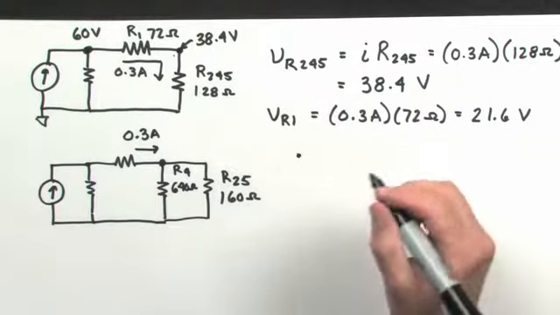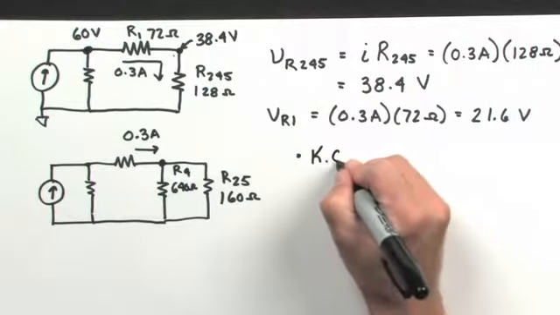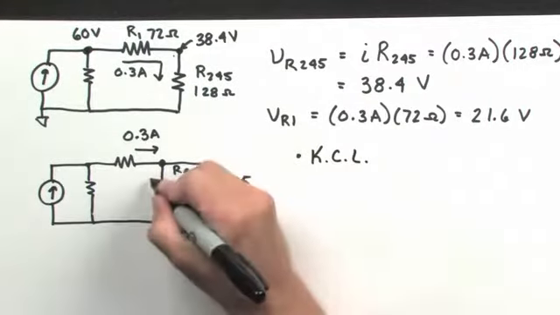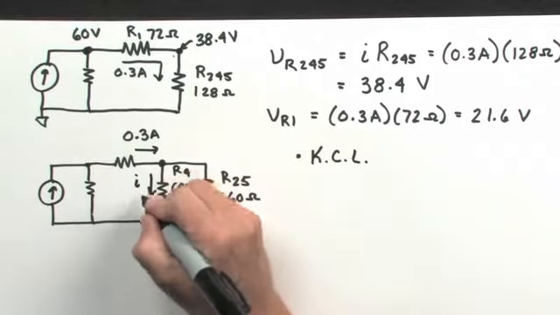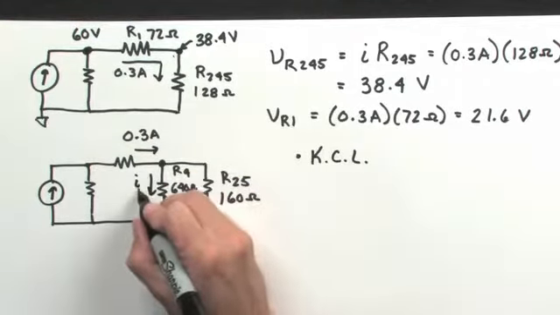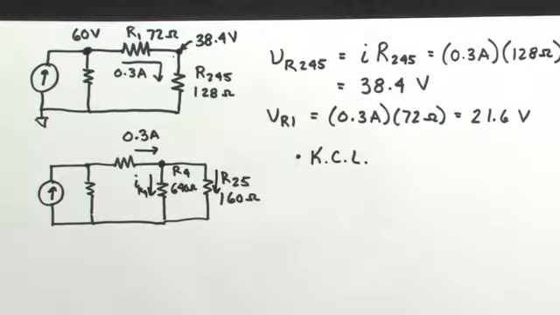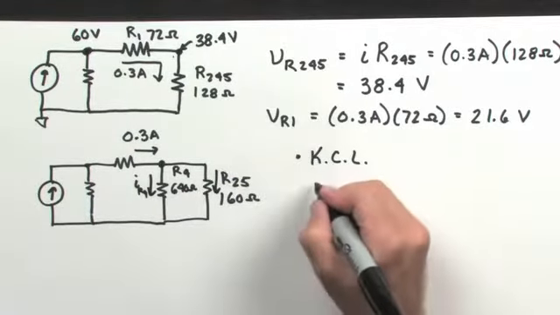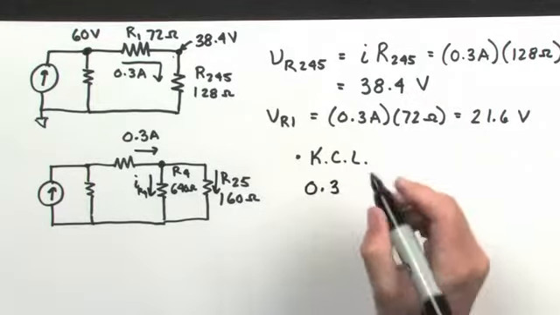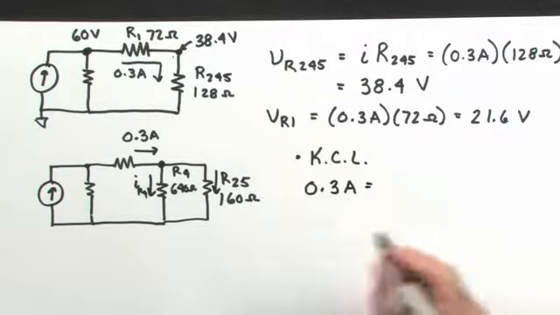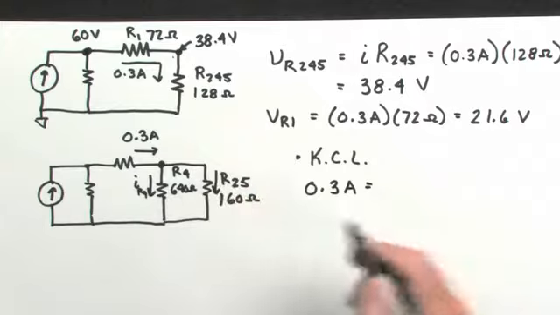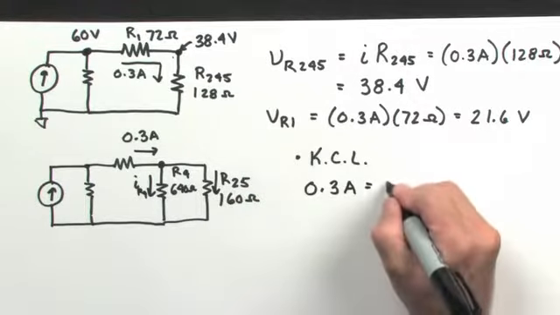Again, I'm going to invoke Kirchhoff's current law. That tells me that the current through this path of R4 is going to be different than the current through this path. So again, the total of 0.3 amps must be the sum of the current leaving through R4 and R25.